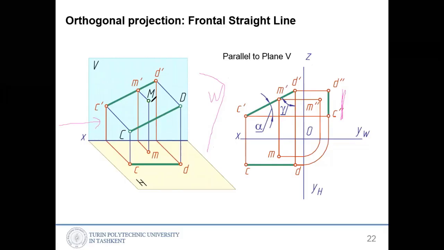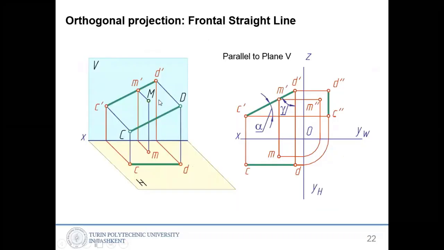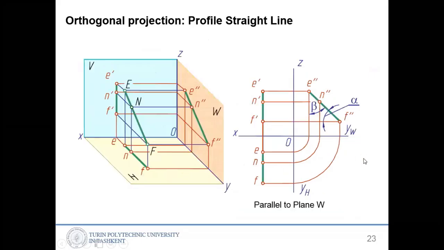And again, for the M, it doesn't belong. So M point in the space does not belong to the CD line. So that's why in their projection, you see, it doesn't lie on their projected line also. So if the line is parallel to the W plane, that is the profile plane, it looks like this as an orthographic projection.